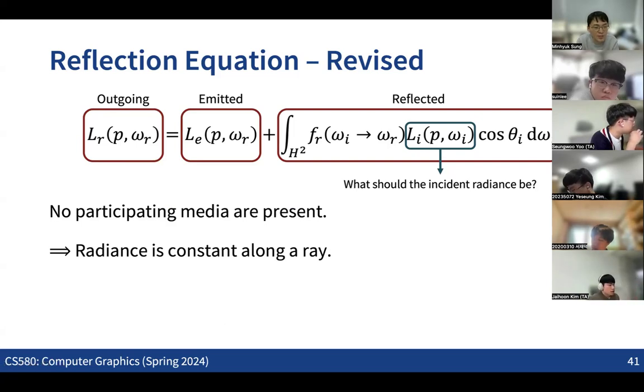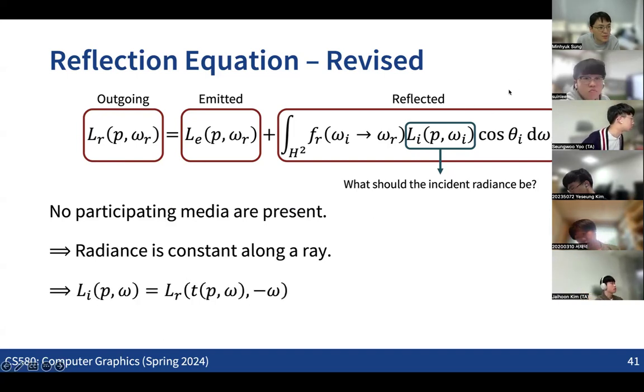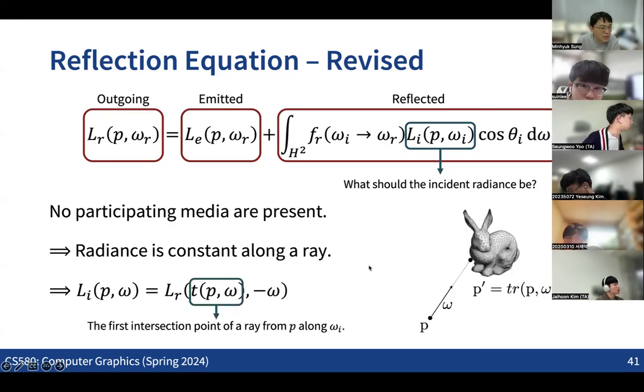Then in global illumination, what we can assume is that the incoming ray, which is reaching the point P from the direction omega I here, is the same as the one coming from some other object at the first intersection point of the ray shooting from the point P along omega I. So let's say we want to get information about the incoming radiance at the point P along the direction omega I, right?